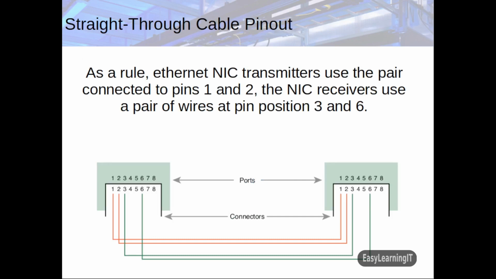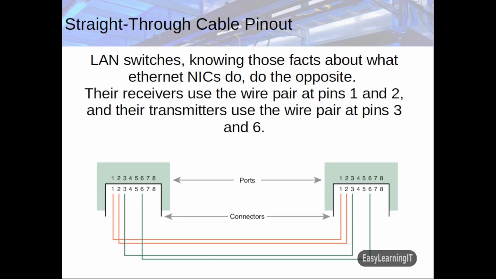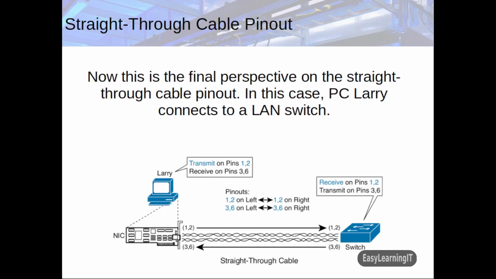The network interface card receivers use a pair of wires at pin positions 3 and 6. LAN switches, knowing those facts about what Ethernet network interface cards do, do the opposite. Their receivers use the wire pair at pins 1 and 2, and their transmitters use the wire pair at pins 3 and 6.